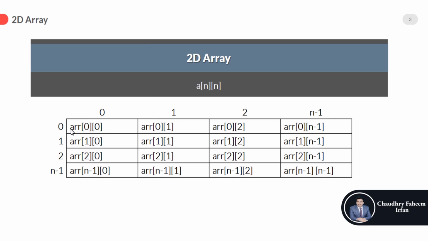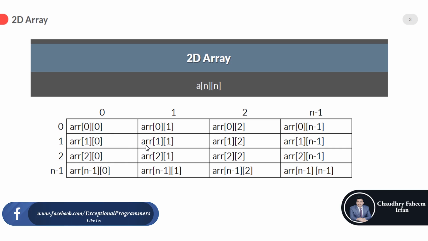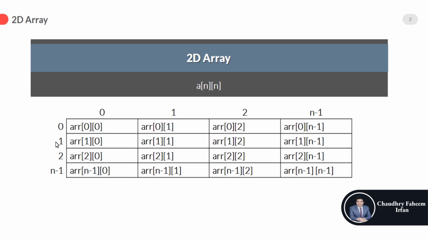Each cell contains a value, like here row 0 and column 0, along with the array name. The first one is the row name or row index, and the second one is the column index.